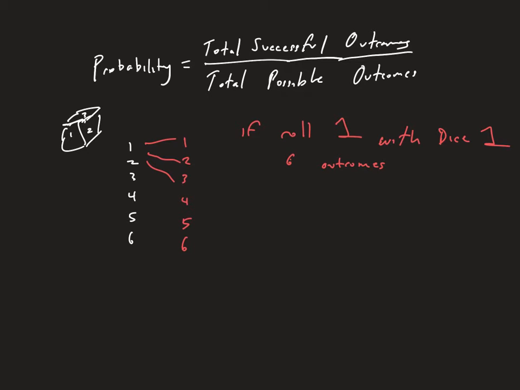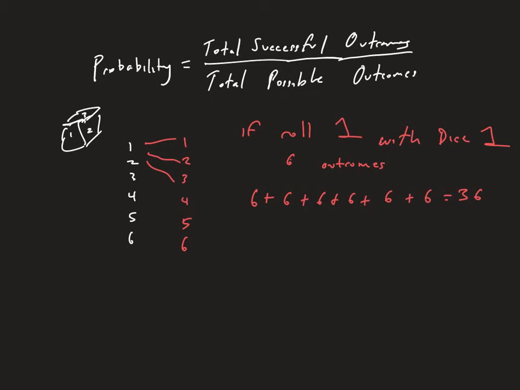So how many total do we have? Well, we have 6, because if we roll a 1 with the first dice, there's 6 total outcomes, plus 6 if we roll a 2 with the first dice, plus 6, plus 6, plus 6. So we actually have 36 outcomes total.